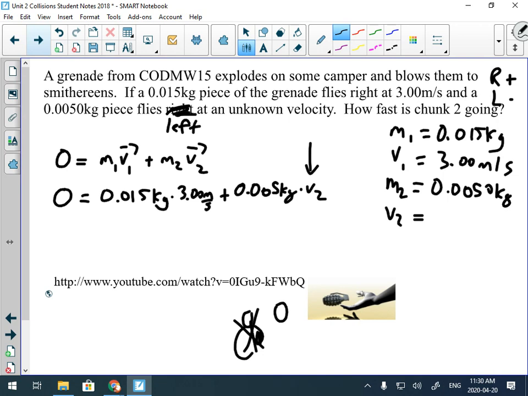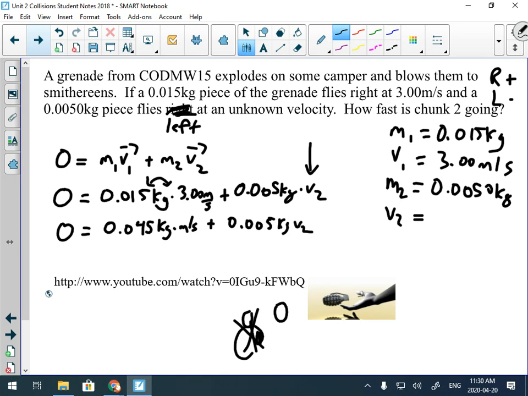Okay, let's do a little bit of math. We can multiply these two values out. 0.015 times 3 gives us 0.045. So 0 is equal to 0.045 kilogram meter per second plus 0.005 kilograms times v2. Okay.